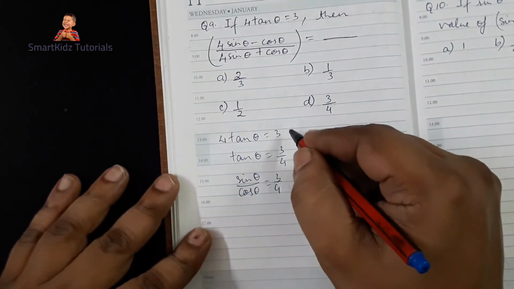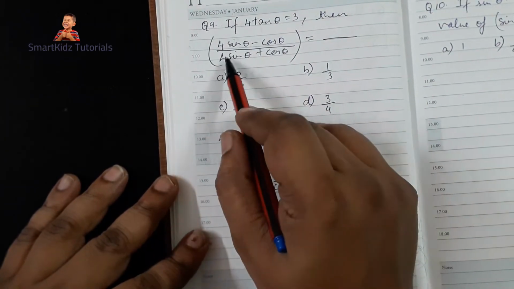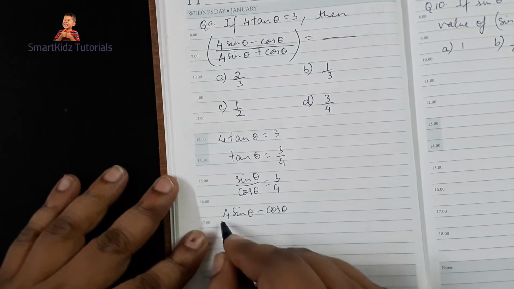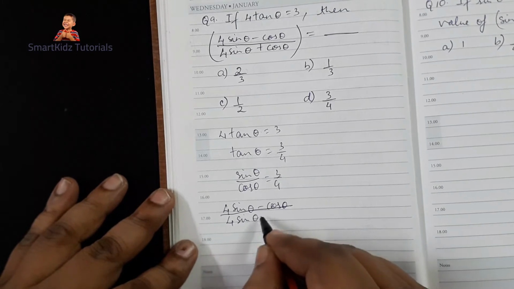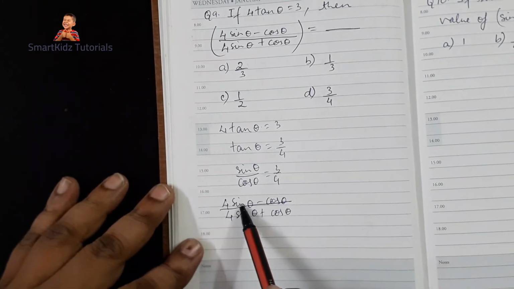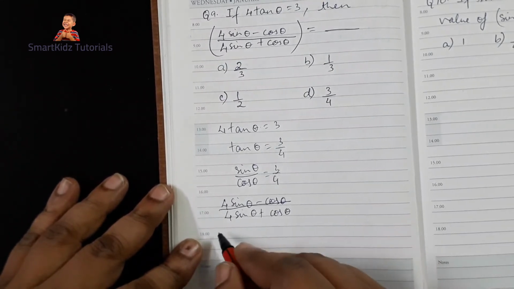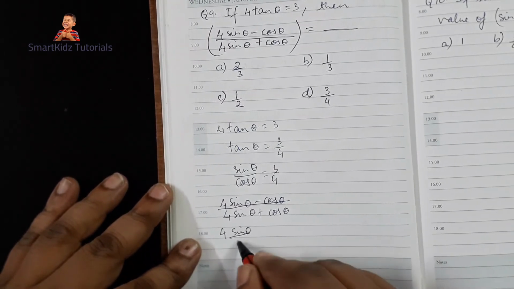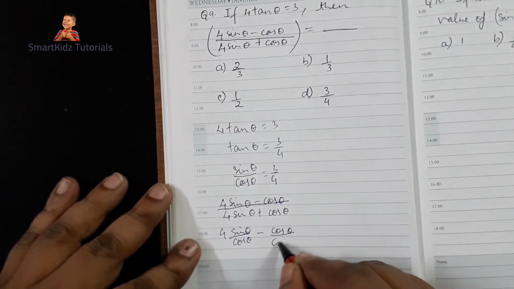We'll move on to what we need, that is 4 sin theta minus cos theta upon 4 sin theta plus cos theta. What I'm going to do here is multiply the numerator and the denominator throughout by cos theta. If we do that, this is what we'll get: 4 sin theta upon cos theta minus cos theta upon cos theta.